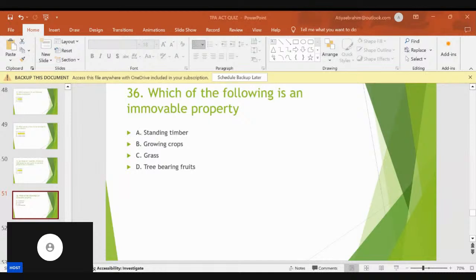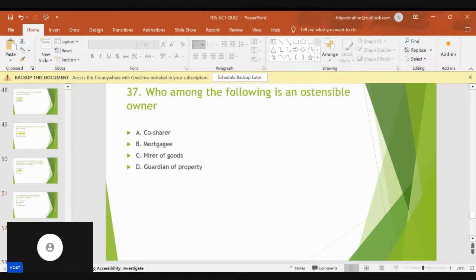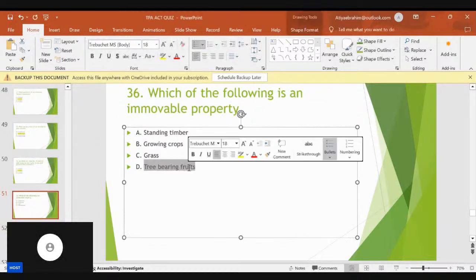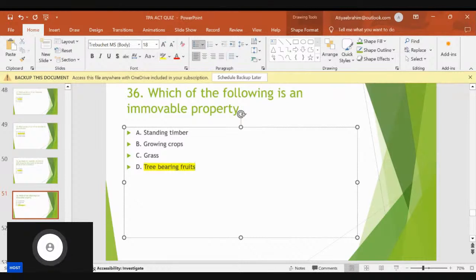What is the answer to question number 36? Which of the following is an immovable property? So I have got answer D, and the correct answer is D. Tree bearing fruit is an immovable property. Correct. So all answers given by Durva, Priyanka, Vikas are correct.